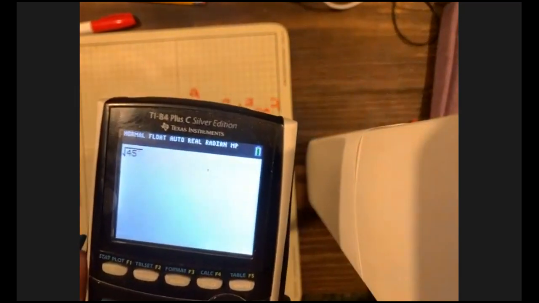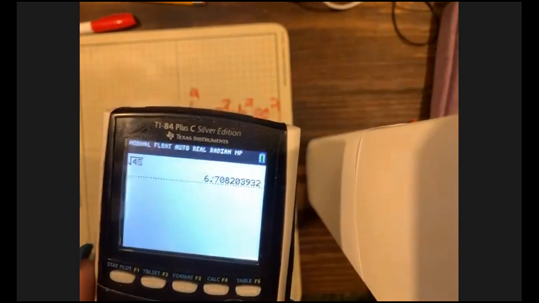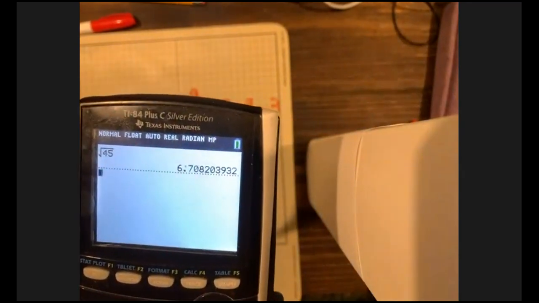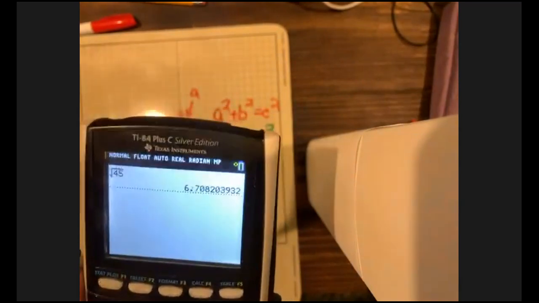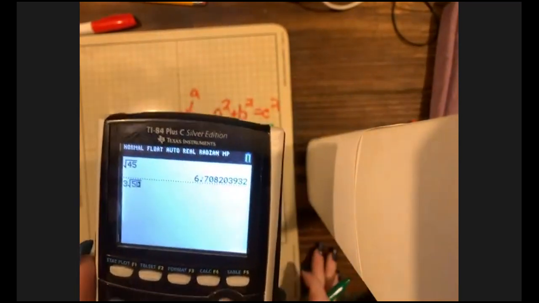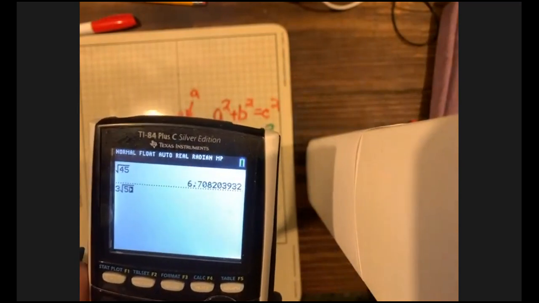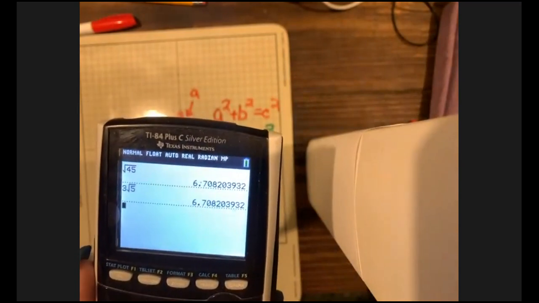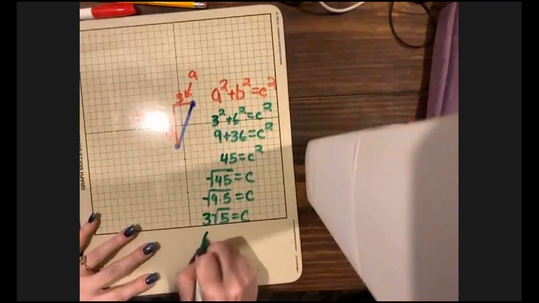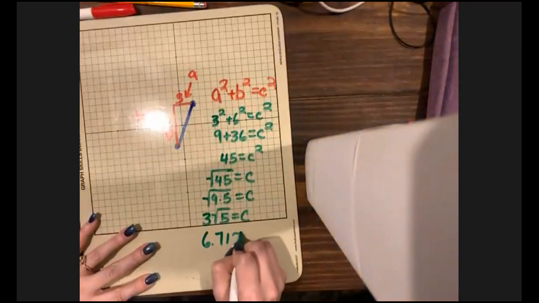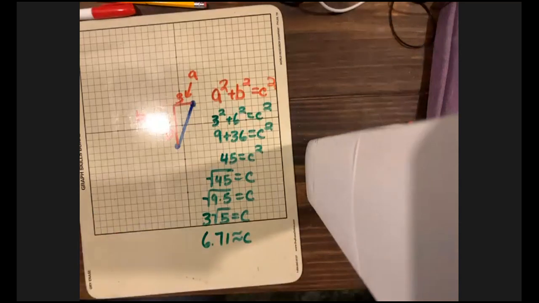I don't have to do the simplified version, and I get 6.71. You could also, if you were so inclined, do 3 square roots of 5, which was our simplified version. It's the same answer. So if they want a decimal, and I went 2 decimal places there, I've got 6.71.